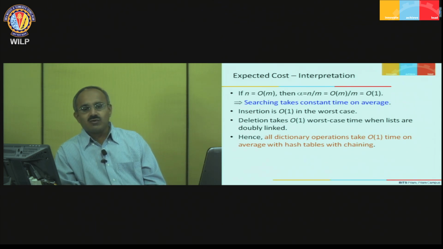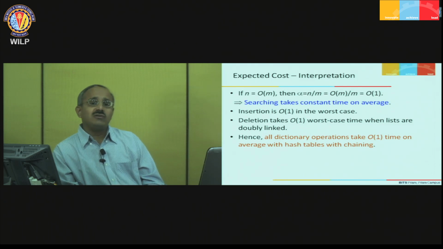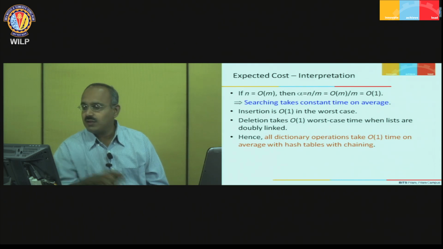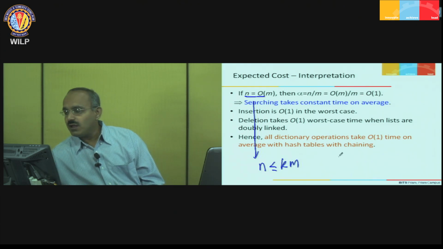In this case, the load factor is going to be of order m divided by m, which is of order 1. We know n is of order m, that would mean n is less than or equal to some constant multiple k of m, and therefore n by m is less than or equal to k, which is nothing but a constant.